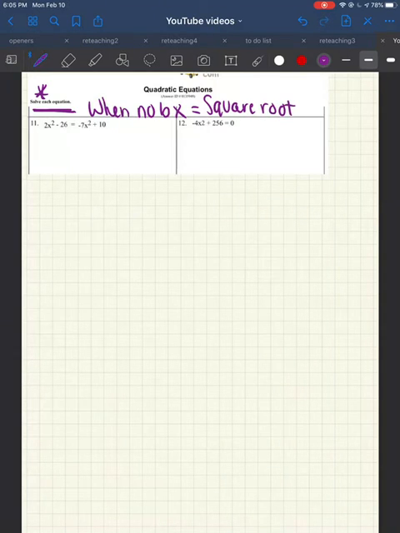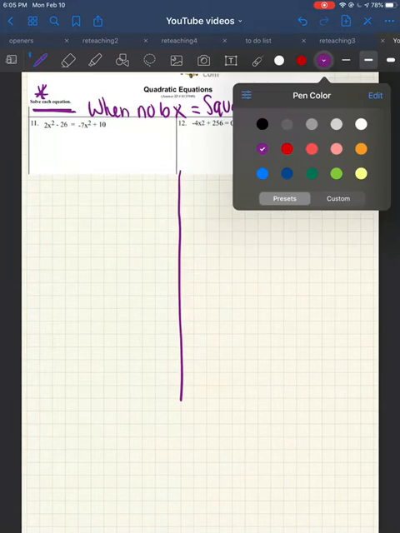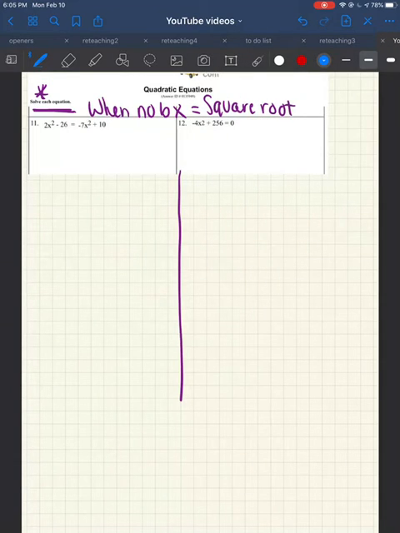Okay? So here I'm going to combine like terms. I'm going to get this 7x squared on the other side so that it can have a positive x squared. So I'm going to add 7x squared to both sides.